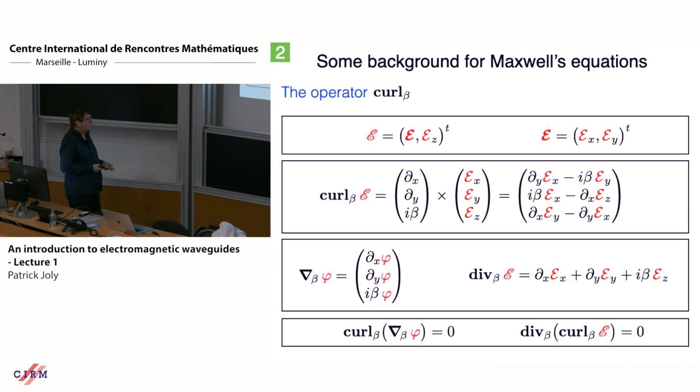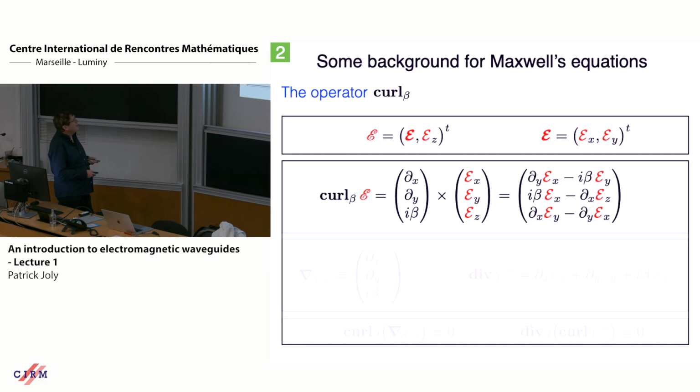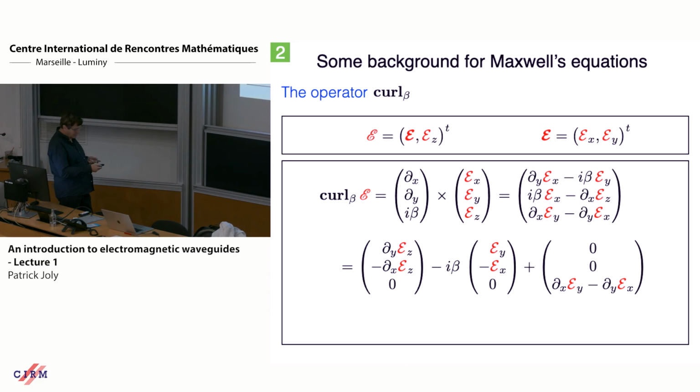From the relation before, it's immediate to check that the curl beta of a grad beta is 0, the div beta of a curl beta is 0. No problem. The curl beta is always 3D. There is only one curl beta. And here you can decompose as before.